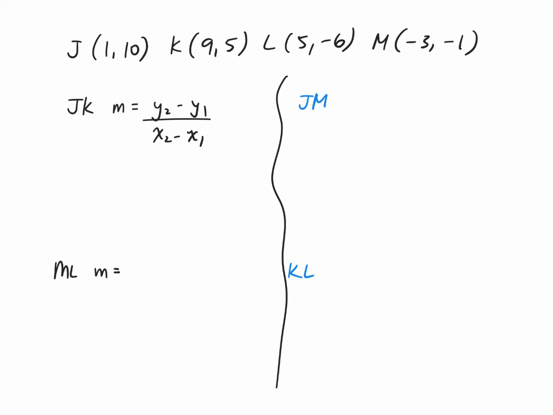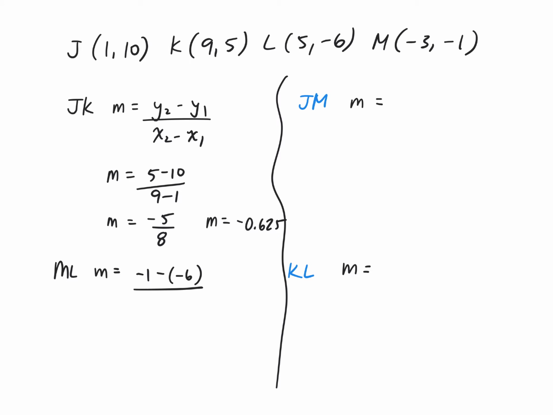So you're finding all those slopes. Okay, so if we have the slope as a fraction, -5/8, or I can write it as a decimal, doesn't matter for this because we're just trying to compare the two. And then we're going to see if slope ML is equivalent to that. So it would be -1 minus -6 over -3 minus 5 is 5 over -8.